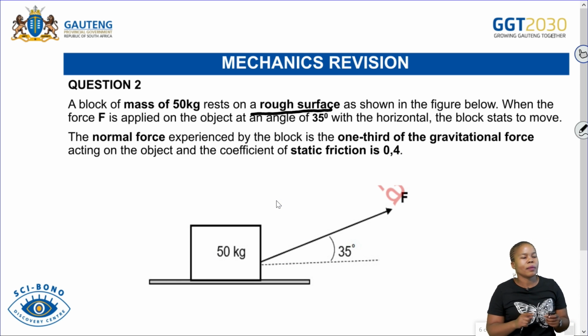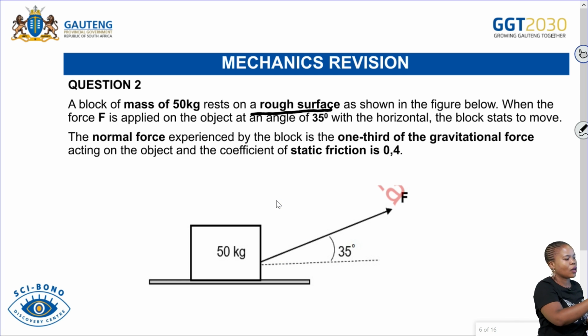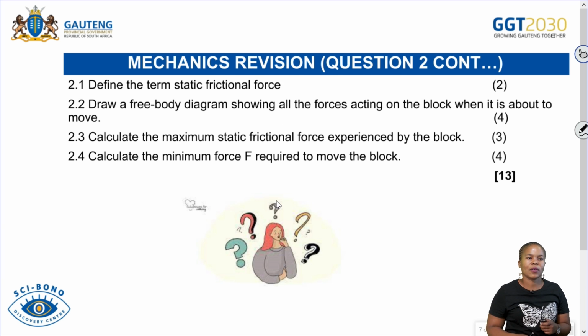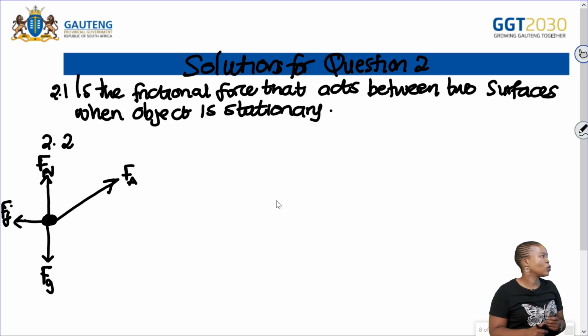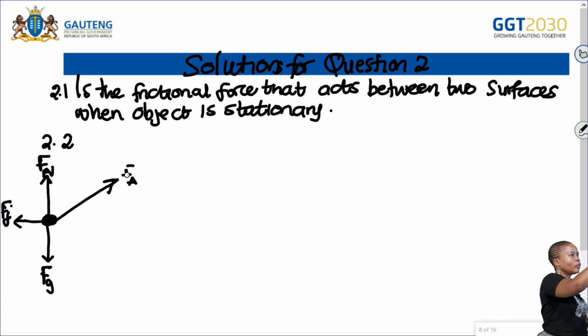Why? Because now we've got your applied force over here, your frictional force over here, gravity over there, and your normal force over there. Even though we don't draw it to scale, when it is about to move, all those forces should be more or less equal to one another.